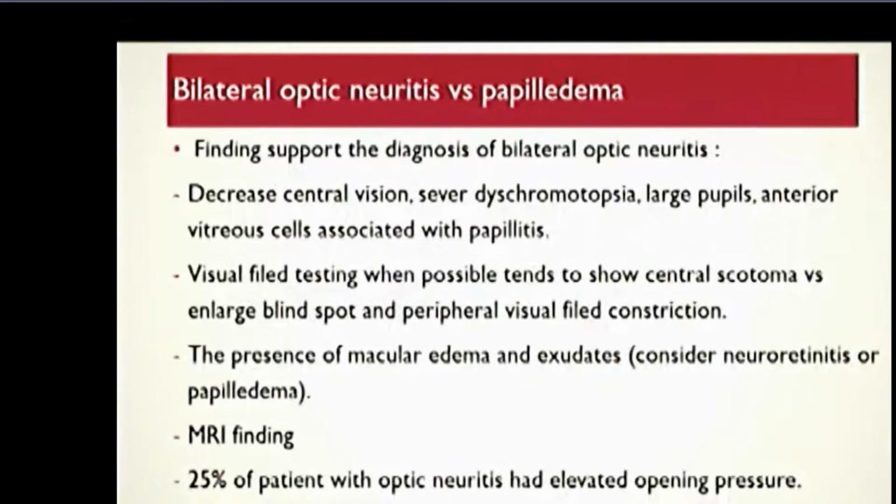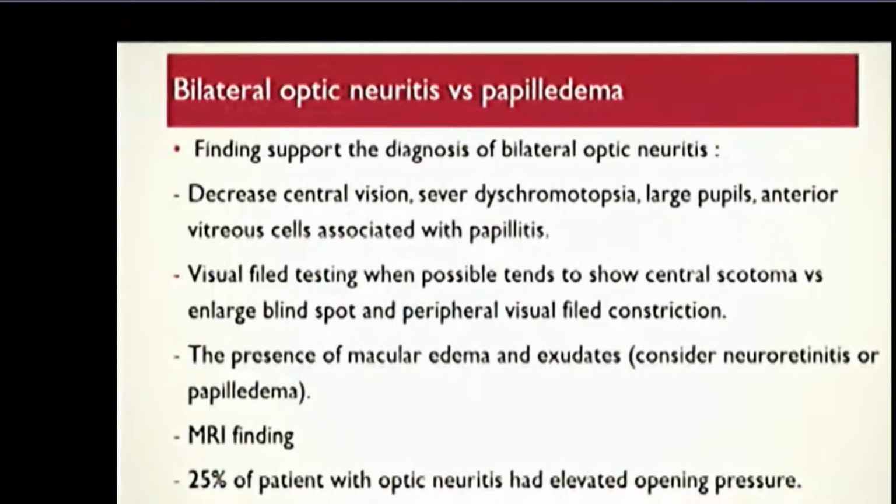So when you have a patient with bilateral optic neuritis, sometimes you're in a dilemma of whether this is optic neuritis or papilledema, especially when the patient also presents with headache. The findings supporting the diagnosis of bilateral optic neuritis will be a decrease in central vision, severe dyschromatopsia, and large non-reactive pupils.